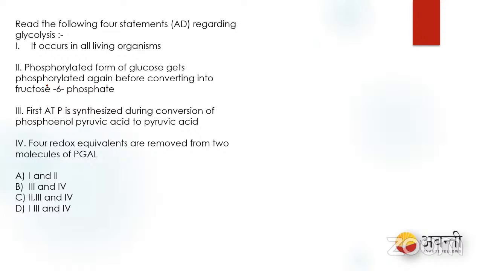ATP is synthesized during the conversion of phosphoenol pyruvic acid to pyruvic acid. 4 redox equivalents are removed from the 2 moles of PGAL. So you have your options: 1 and 2, 3 and 4, 2, 3 and 4, 1, 3 and 4. I'll relaunch the poll for you.